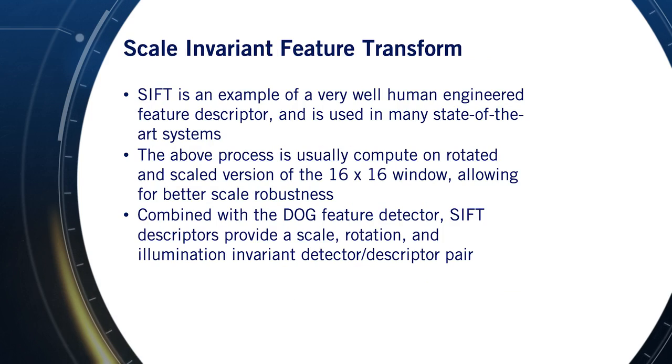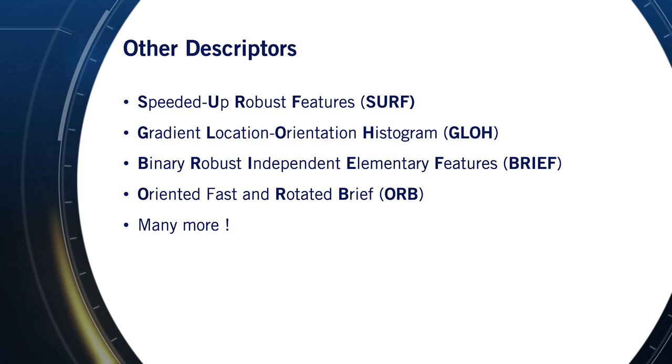SIFT is an example of a very well human-engineered feature descriptor and is used in many state-of-the-art systems. It is usually computed over multiple scales and orientations for better scale and rotation invariance. Finally, when combined with a scale invariant feature detector, such as the difference of Gaussians detector, it results in a highly robust feature detector and descriptor pair. It is worth mentioning that there is huge literature out there for feature detectors and descriptors.